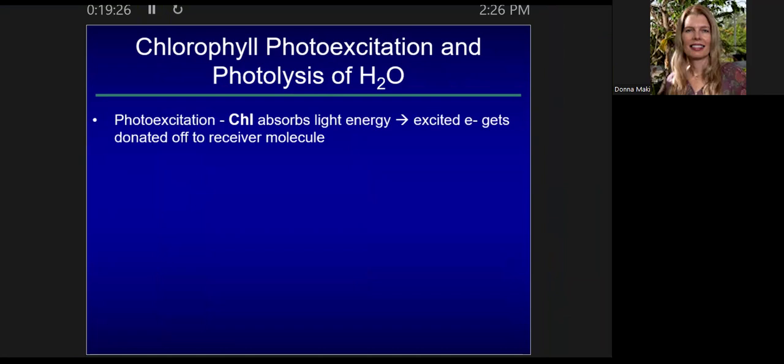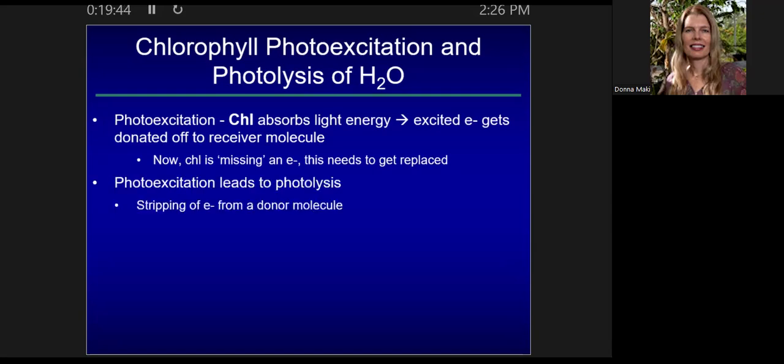Chlorophyll in the reaction centers absorbs that light energy, and that excites one of their electrons, and it gets donated off to an acceptor. So now that chlorophyll is like, I'm missing an electron. I don't like this. I need an electron in order to be chemically stable and happy.